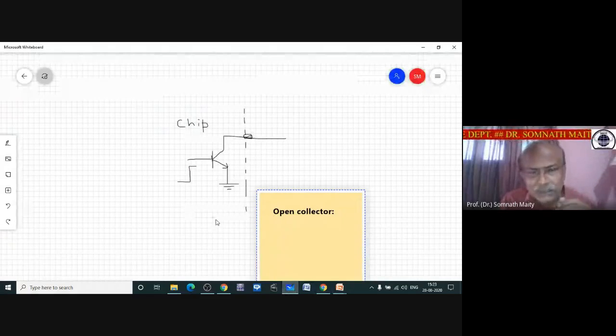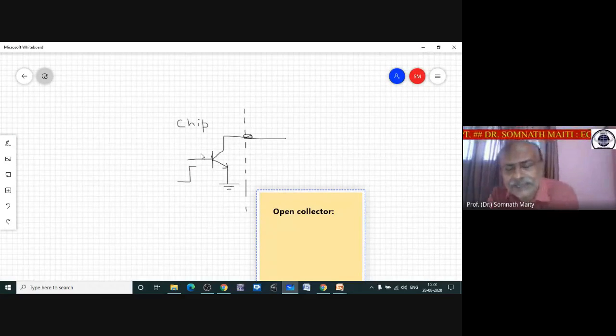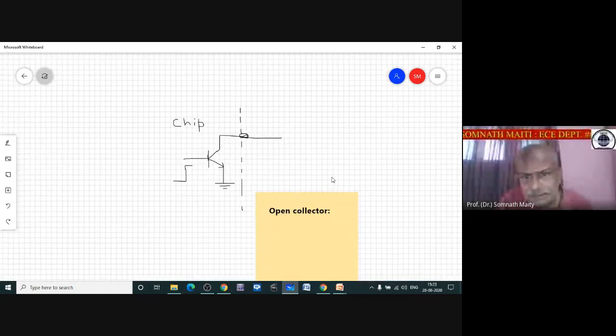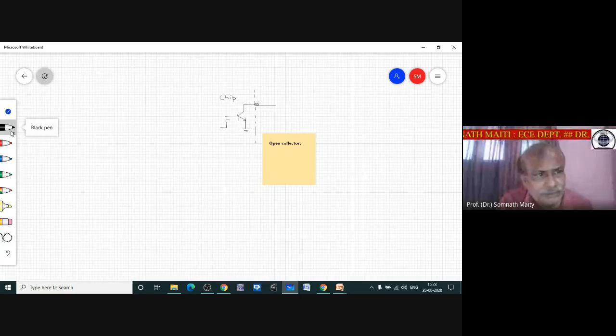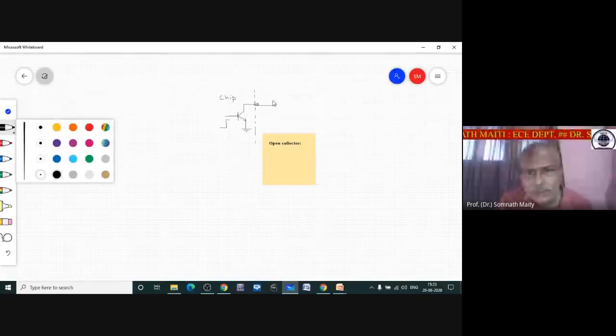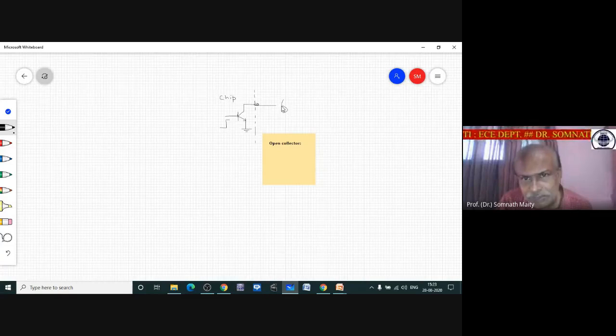Open collector. So this transistor is residing inside the chip, and here in this port you are connecting the output device.